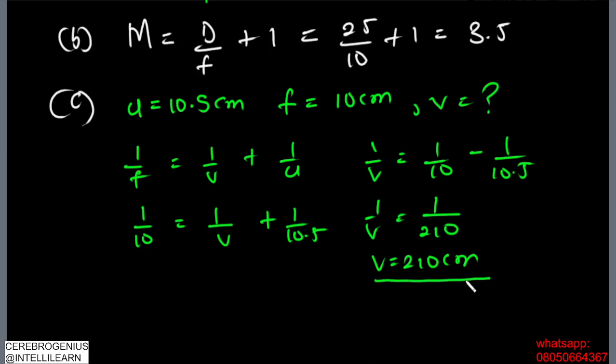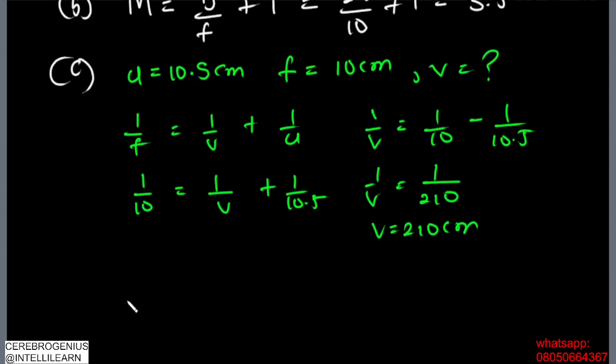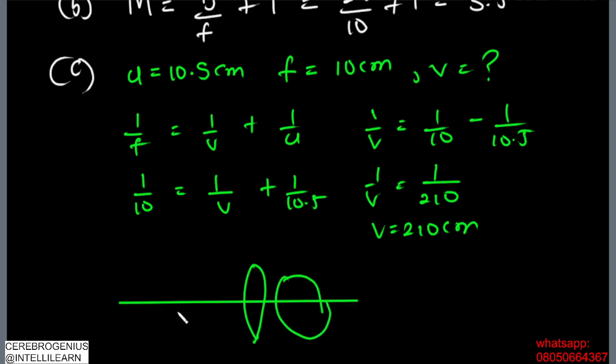Now look at this. The image is at 210 centimeters away from the lens. Is this still being used as a microscope? No. Why? Because you have a lens that looks like this, you have your eye, and the object is somewhere beyond the focus.